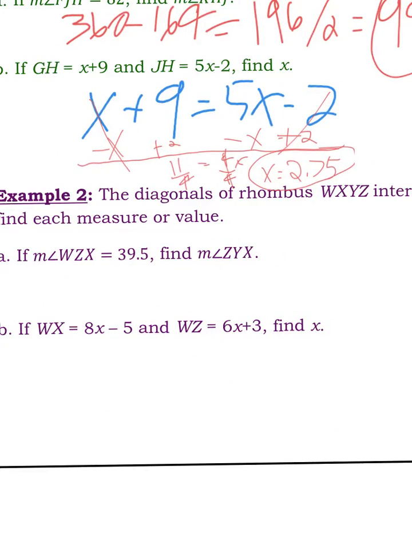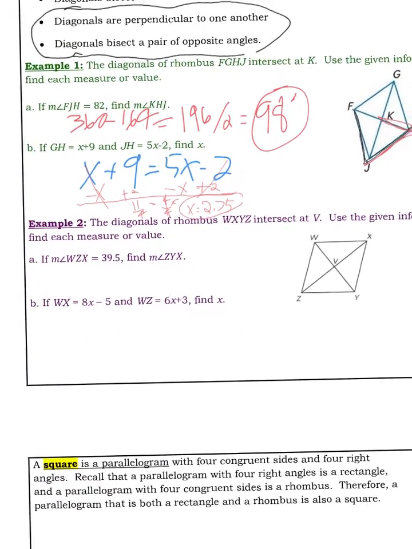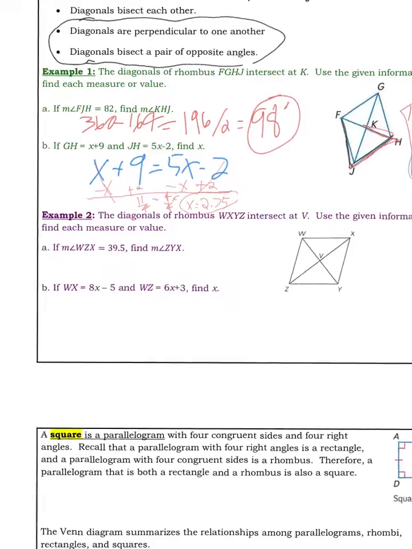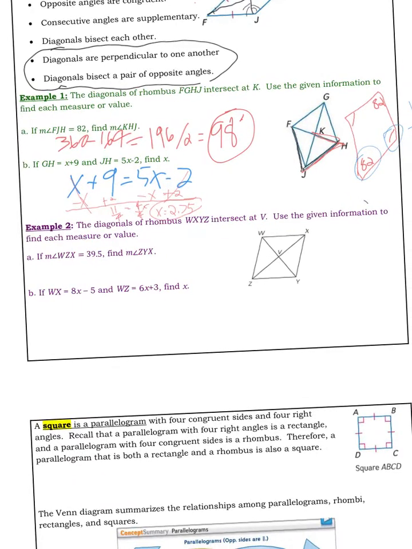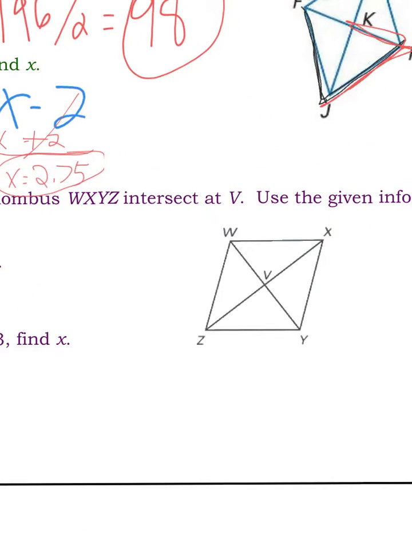Okay, the diagonals of a rhombus WXYZ intersect at V. Use the given information to find each measure or value. Okay, the measure of angle WZX is 37.5. Find ZYX. So WZX, let's trace that.